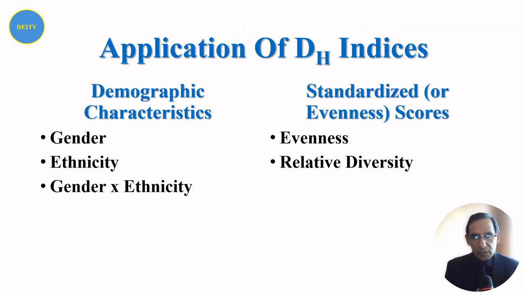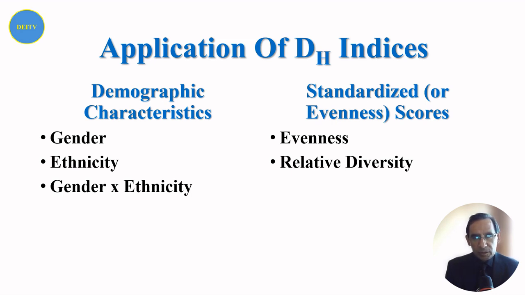Now that I discussed the Hurlbert index of diversity and the Hurlbert relative index of diversity, I'm going to apply those formulas to the gender data, ethnic data, and gender by ethnicity data that were presented in the previous episodes 1 to 3. Again, I'm going to obtain the Hurlbert evenness score or standardized score, and also the relative diversity score.